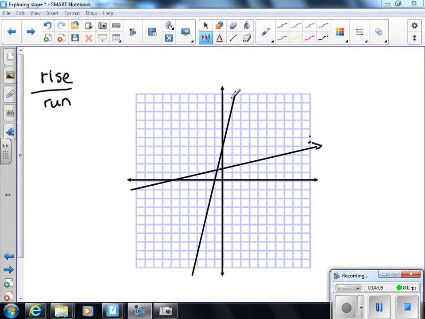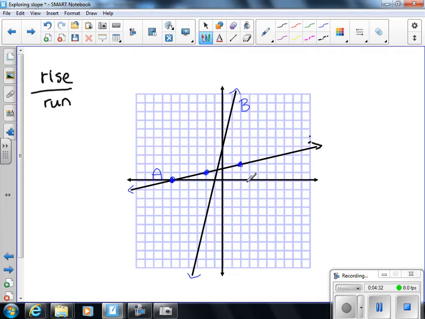Okay, let's take a look at a couple of lines here. And let's find their slope. Say this is line A and this is line B. Let's look at line A. We need to find 2 points on the grid axis. You see it's not hitting it always. So let's find one. Let's say it's hitting this one and this one.